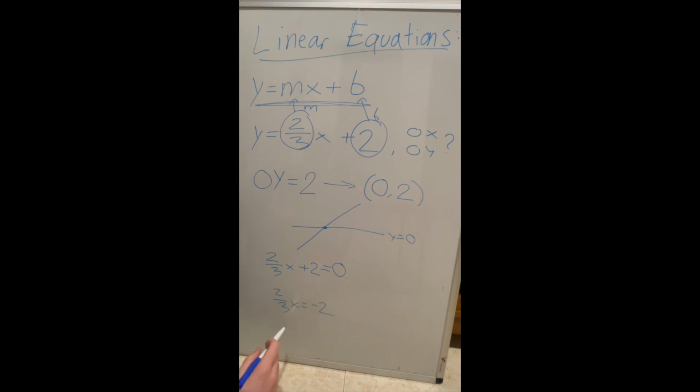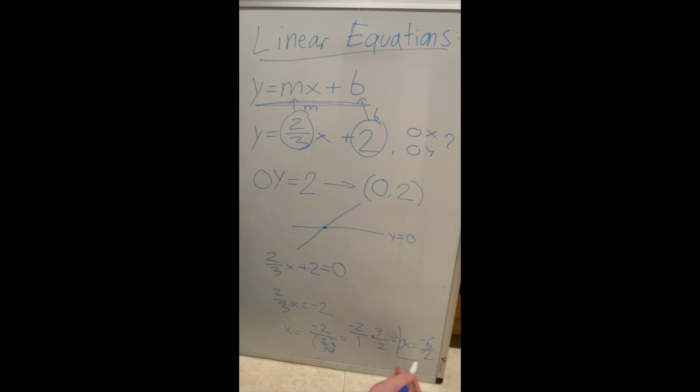And now we can do x is equal to minus 2 divided by 2/3. To solve this, we can do the following. This is basically minus 2 over 1 multiplied by, just flip these, 3 over 2, which will give you a final value of OX equal to minus 2 times 3, minus 6, divided by 1 times 2, 2.